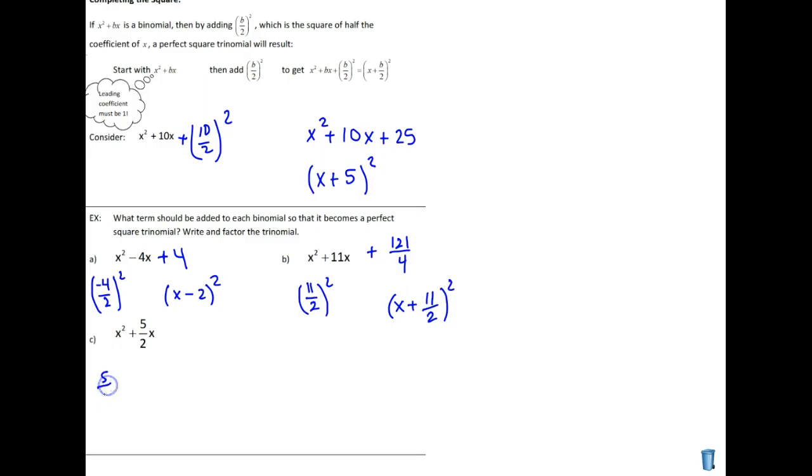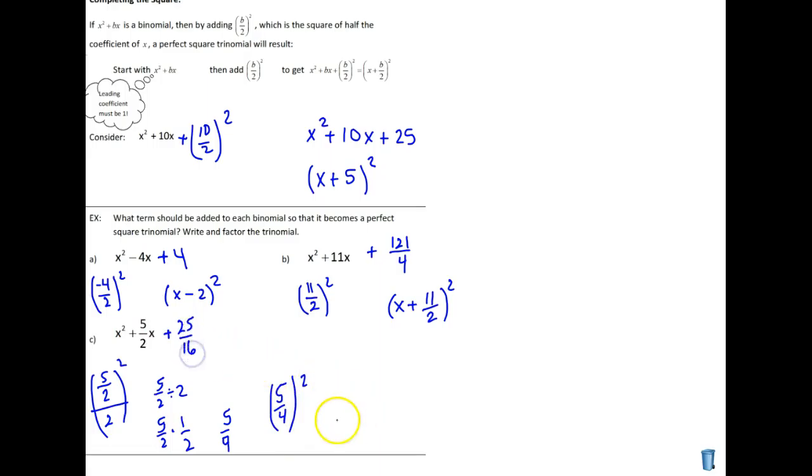And on this one, I would take my 5 halves, which is my b, and cut it in half, so I divide by 2, and then square it. So 5 halves divided by 2 becomes 5 halves times 1 half, which is 5 fourths. So I'm taking my 5 fourths, that's inside my parentheses, and I'm squaring it to get 25 over 16.